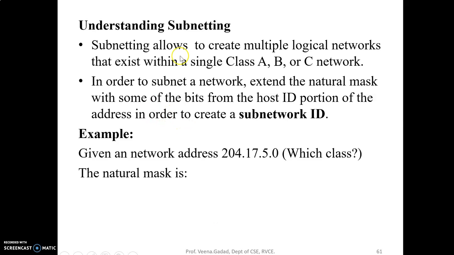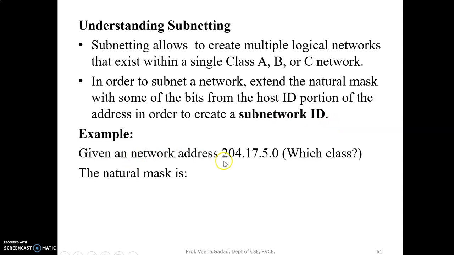Subnetting allows us to create multiple logical networks that exist within class A, B or C. To subnet a network, we extend the natural mask of a particular address, using bits from the host portion of the address. This creates a subnetwork address, also called the subnetwork ID.